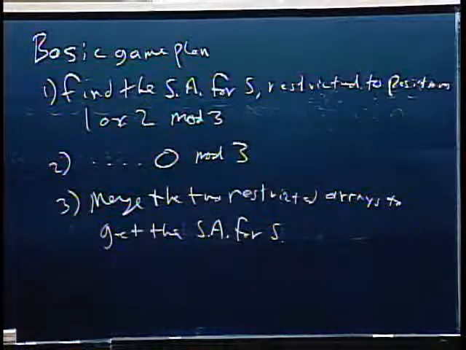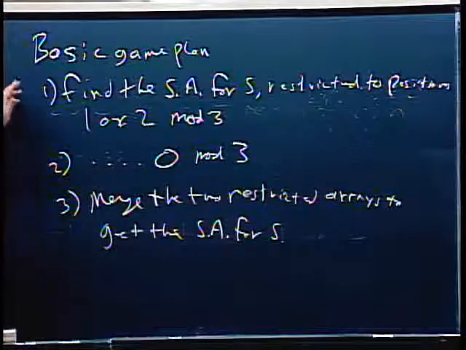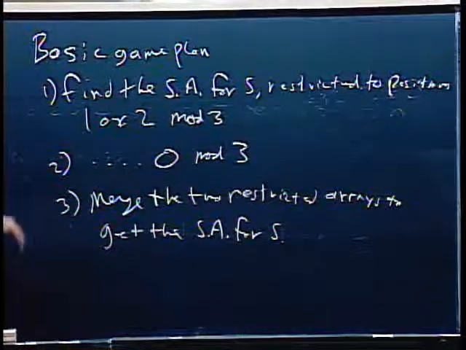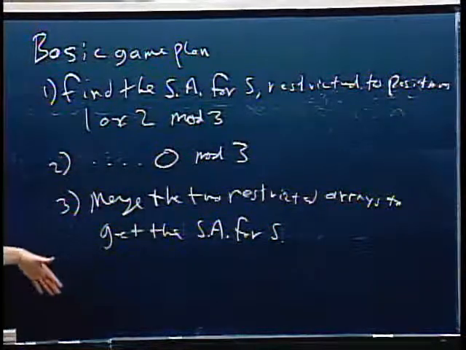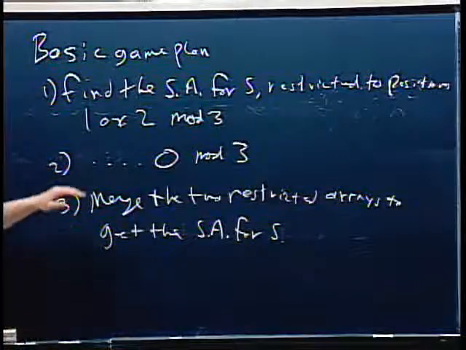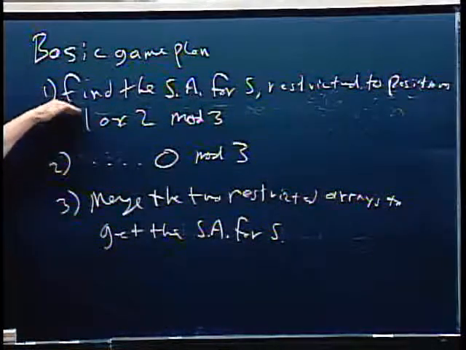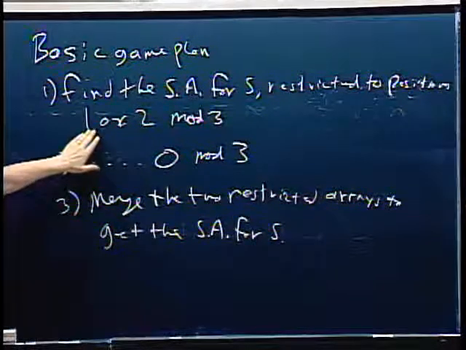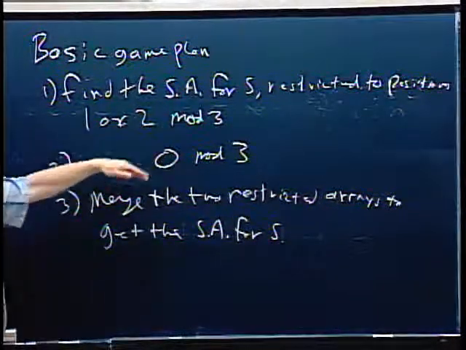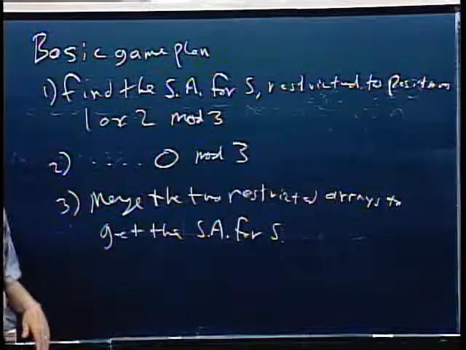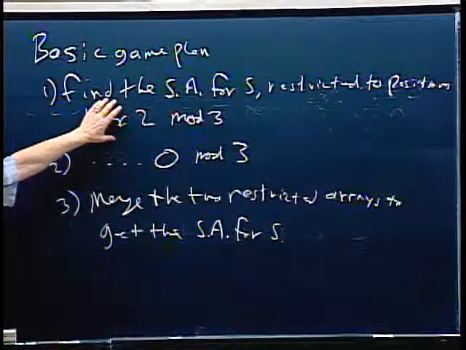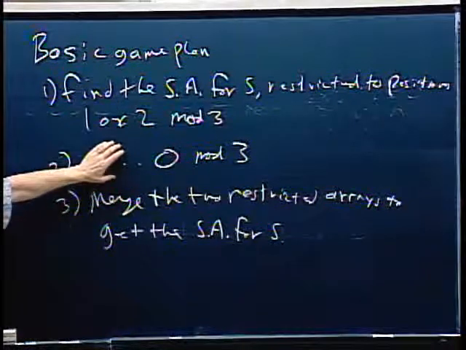And what's really kind of amazing or cute about this result of theirs is that many people had this basic schema and tried it, but instead of restricting the suffix array to positions 1 or 2 mod 3 and to 0 mod 3, they would restrict them to the even positions, or to the odd positions.